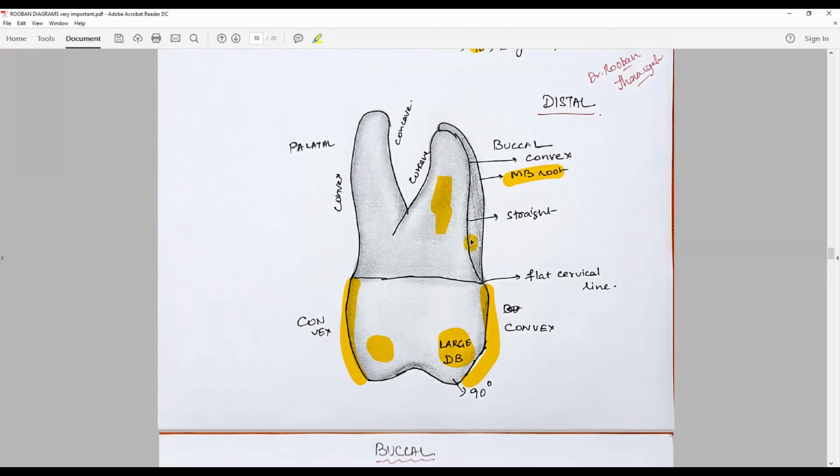Here the outline is straight till the last portion where it is convex. Again, both surfaces are concave, that is the buccal surface and the palatal surface of the palatal root as well as the distobuccal root. Here the outline is nicely convex, then follows a straight pattern with a hook-like structure.